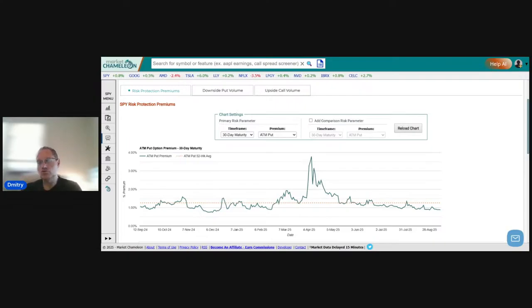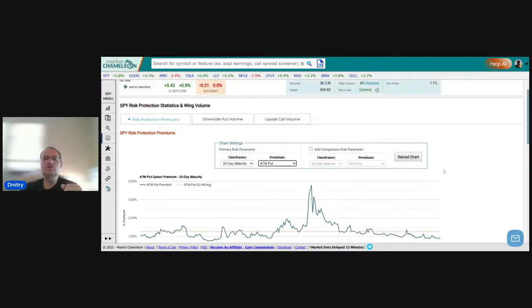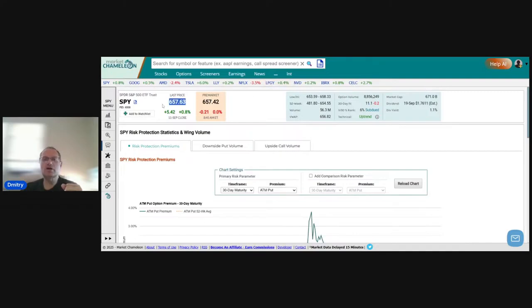You know, we can't really do it in dollar terms, because if we do it in dollar terms, the stock moves around. So, you know, if we say $5 out of the money, well, it's $5 out of the money when a stock is 100 is different than $5 out of the money when the stock is 657, or if the stock is $10, right?